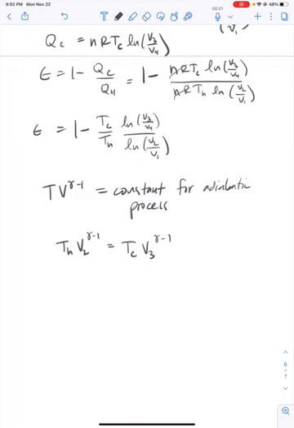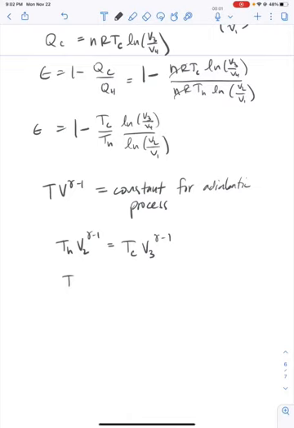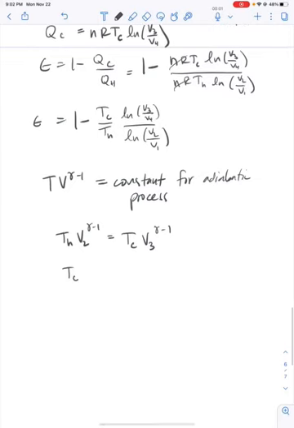And then for our other adiabatic process, going from 4 to 1, we're at V4 when we're at TC, and then we're at V1 when we're at TH, okay? So we can divide these two equations by each other, and actually it would have been better for me to write this the other way around, so let me do that. I'm just going to switch which side my things are on.